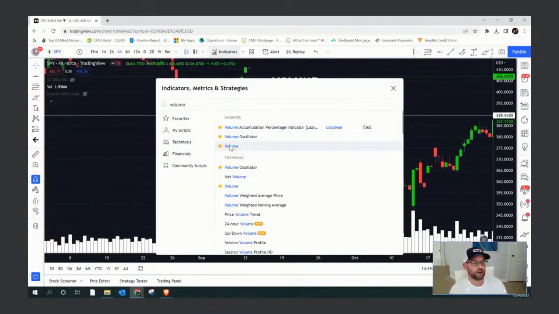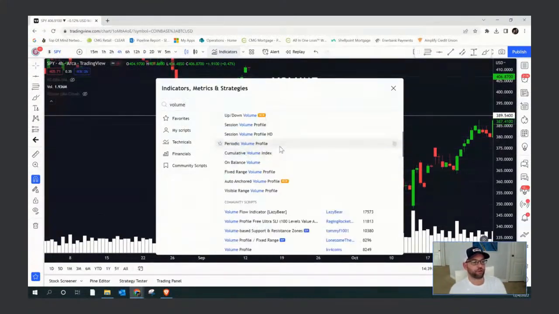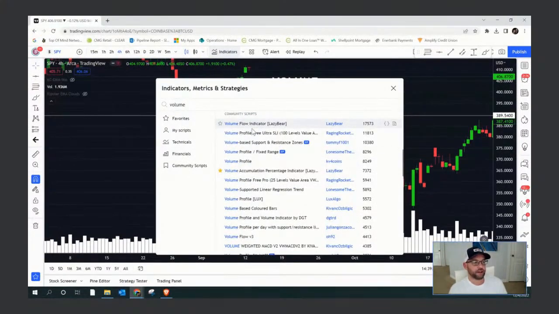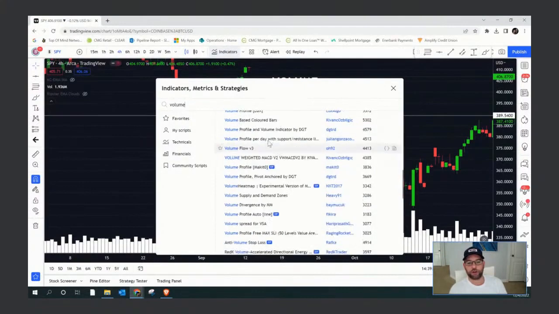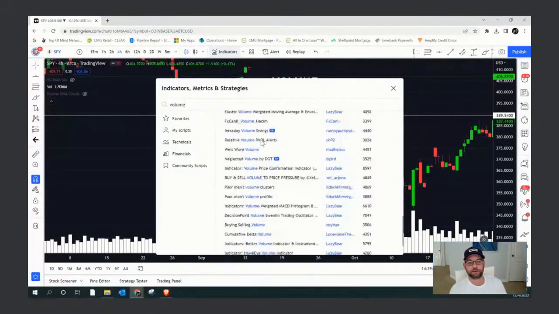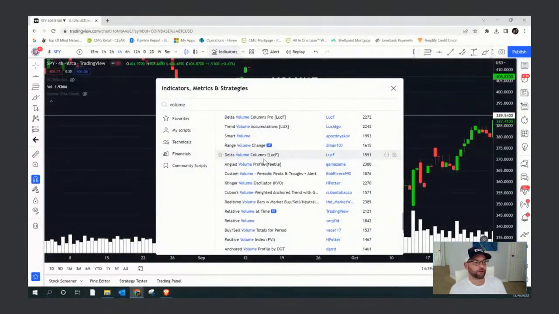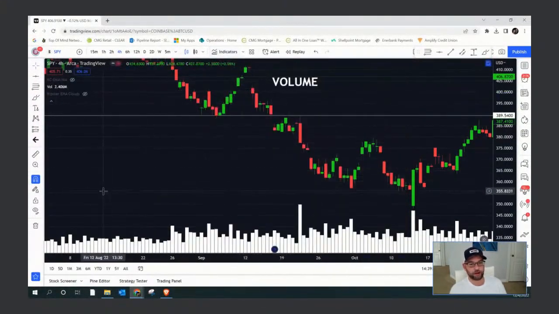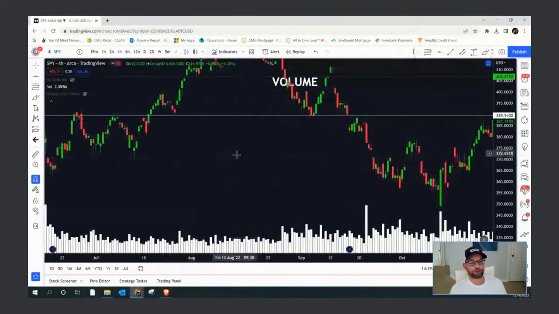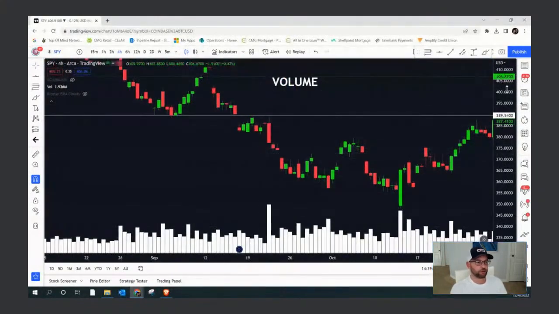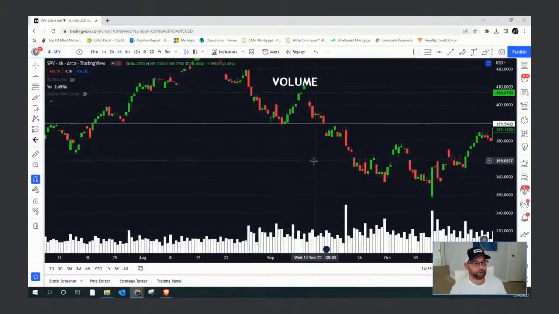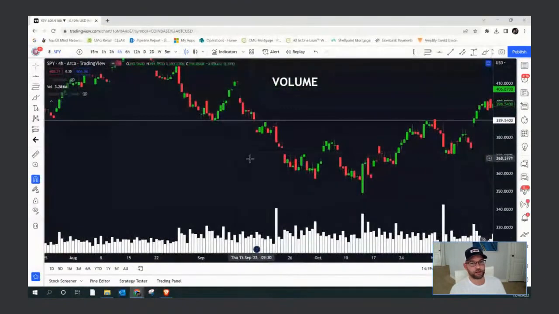And this one right here is the TradingView indicators. If you scroll down, you'll see these are indicators that all kinds of other users have made. You could spend a ton of time going through these. You don't need all that. It's best to keep it simple. You only need a couple indicators. You can really trade with no indicators, really just volume and trend lines, and make it work.